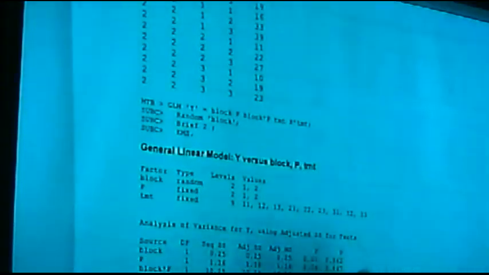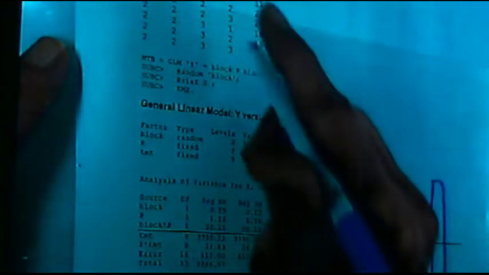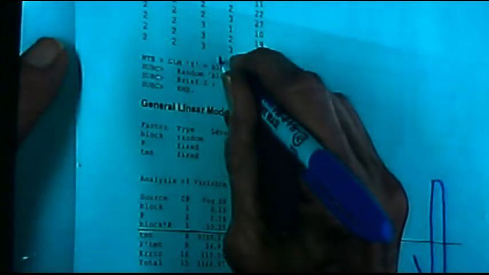So then when I run this in Minitab, I do block. P is phosphorus, that's factor A. Then I do block by P. That's going to be the top error. Then I do this new variable, treatment, and then P times treatment.